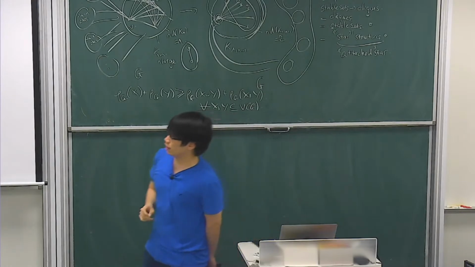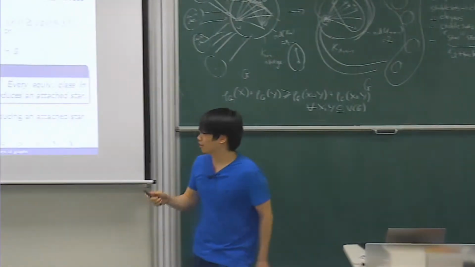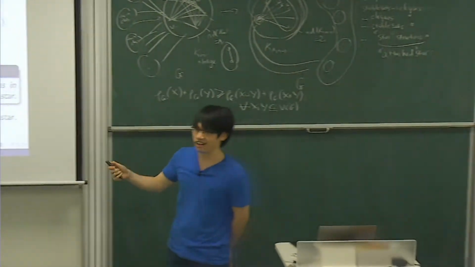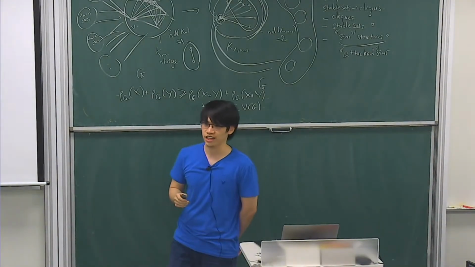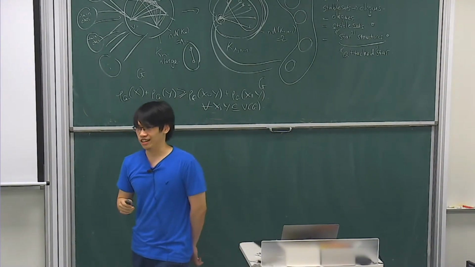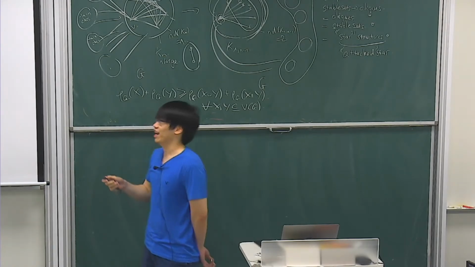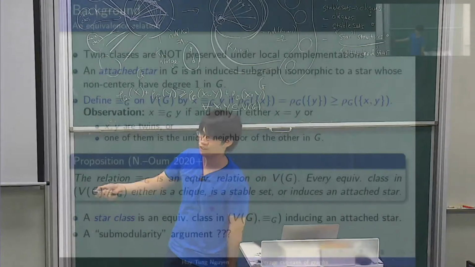But the thing is that our proof for this proposition is a bit ugly. It's a heavy case analysis, and it took us a lot of time to find a submodularity argument, but we failed.